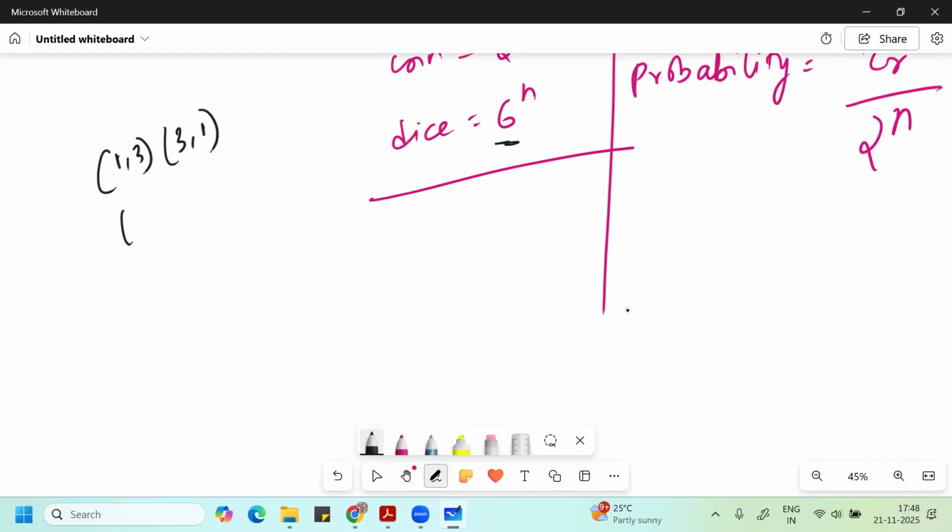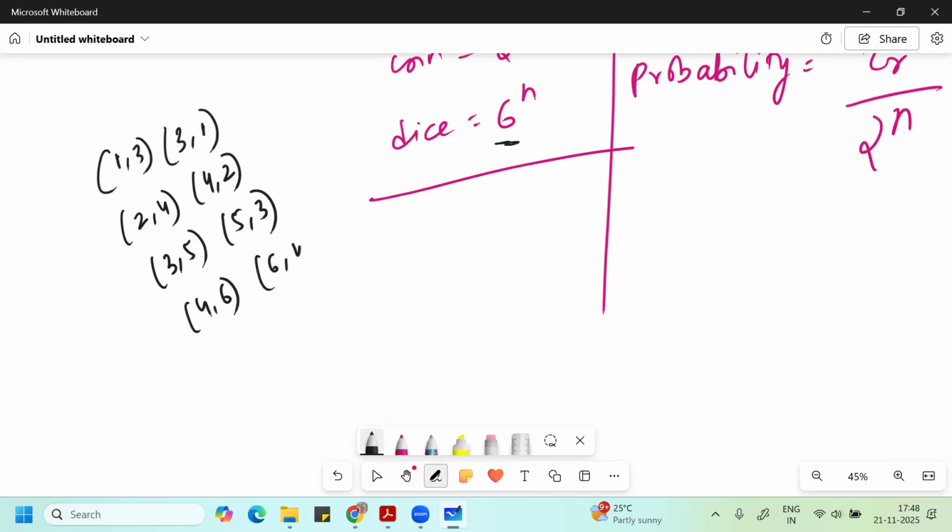With 1, I cannot get any other difference of 2 points. Then 2 comma 4 or 4 comma 2, I get a difference of 2 points. With 2, I can't get more. Then 3 comma 5 or 5 comma 3, then 4 comma 6 or 6 comma 4. In all these cases we are getting a difference of 2 points.